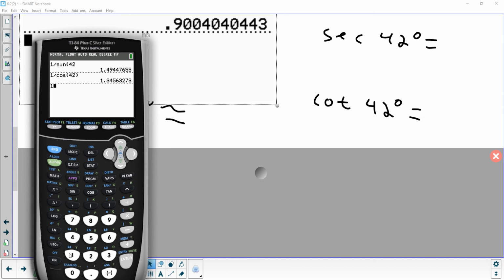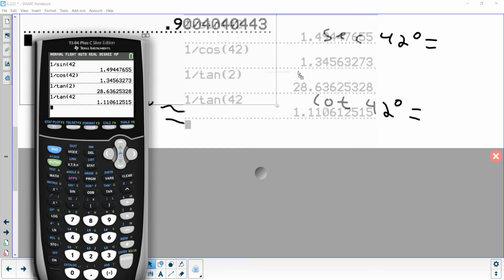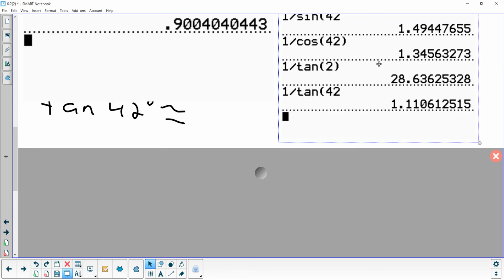Sophie? 1 divided by tangent of 42. 1 divided by tangent of 42. Except you should type in 1 divided by tangent 42. Okay. And there are your other 3 answers.